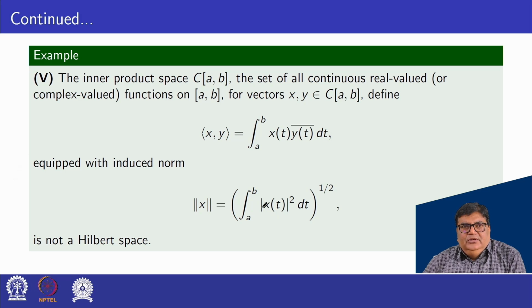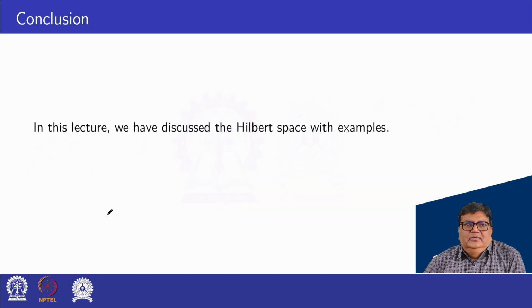So it is not a Hilbert space because a Hilbert space is a complete inner product space. It satisfies all the conditions of an inner product, but the space is not complete. So it is not a complete inner product space and hence it is not a Hilbert space.